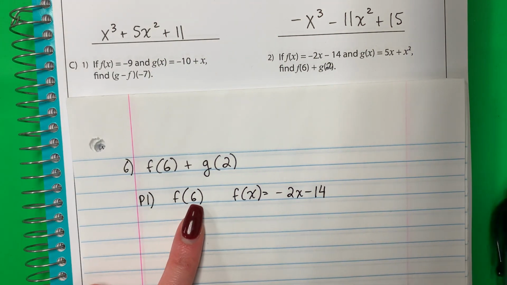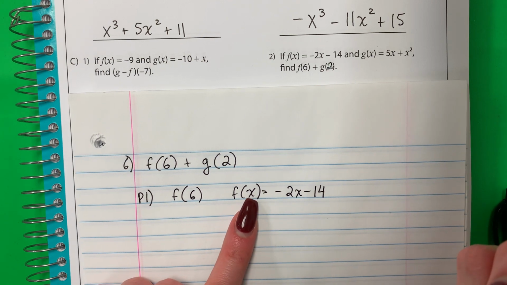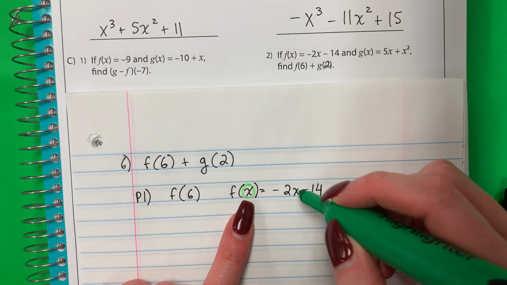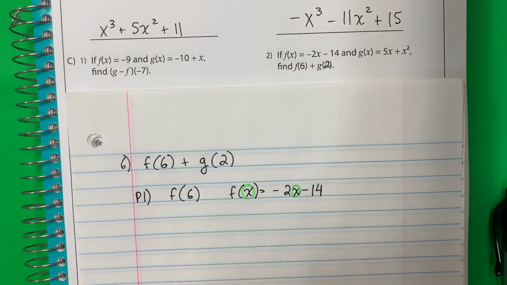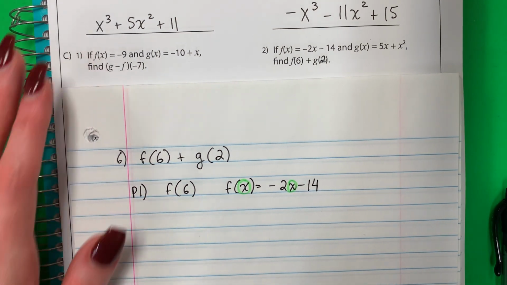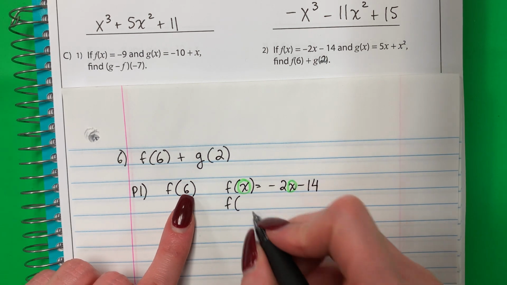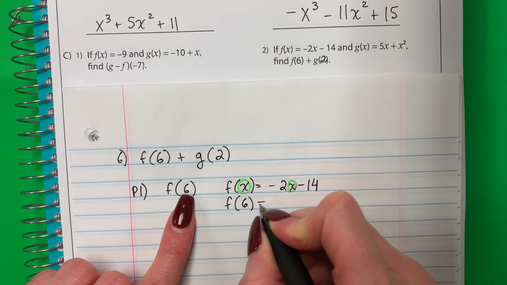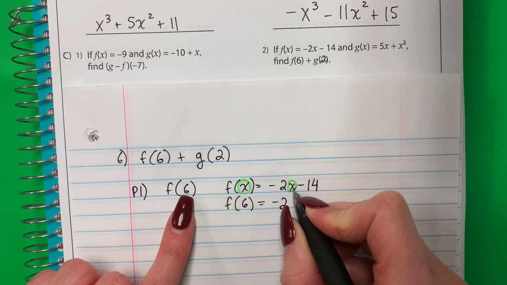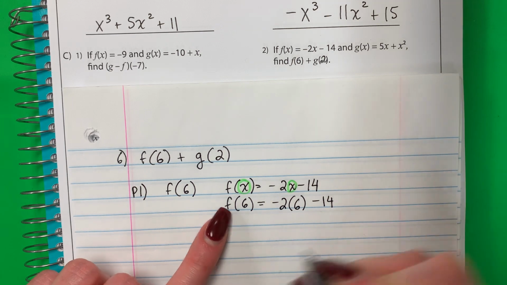And what I'm going to do is I'm going to change the x and I will put 6. ¿Qué voy a hacer? Es voy a reemplazar los x's con 6, with 6. All of the x's, todos los x's. So I'm going to go ahead and do f, parenthesis, no x, it's 6, parenthesis, equals negative 2, no x, parenthesis 6, parenthesis minus 14.